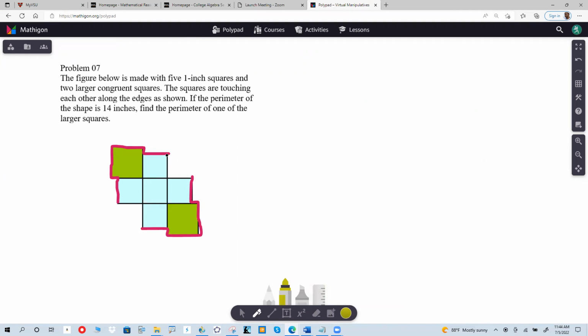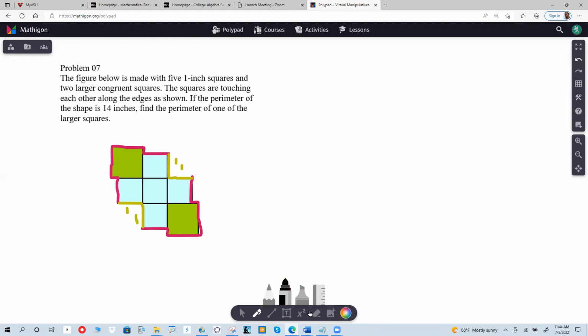And these edges, since the blue squares are 1 inch on each side, that's what it says. This is 1, this is 1, and this is 1, and this is 1. Now I think I can write a nice clean equation. Instead of looking at the red piece here as pieces, I'm going to say all of them together is P. Why did I choose P?